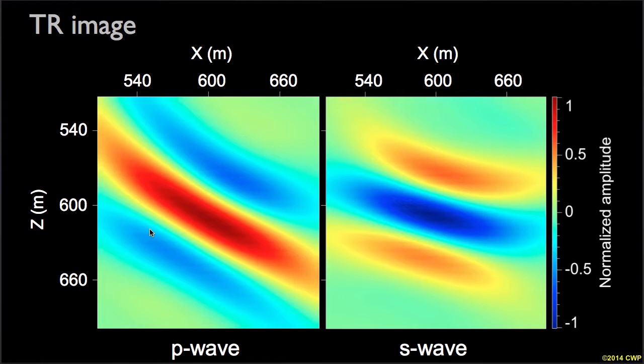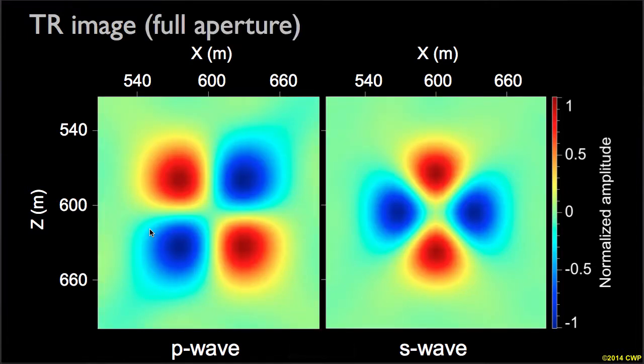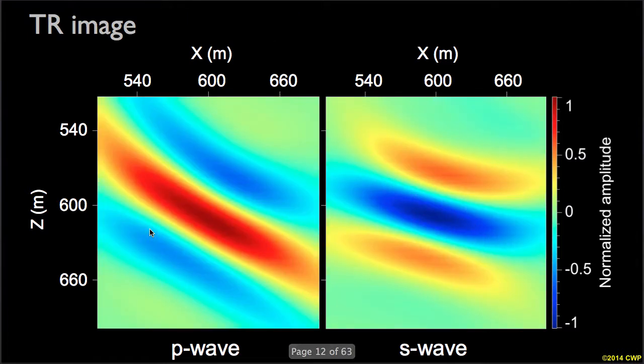And I remind you that in a perfect situation, the perfect image would look something like this. So this is the image we would get from a time reversal with full aperture, and I'm going to refer to this image as the true image. So we have a problem with incomplete acquisition, and we need to do something about it.